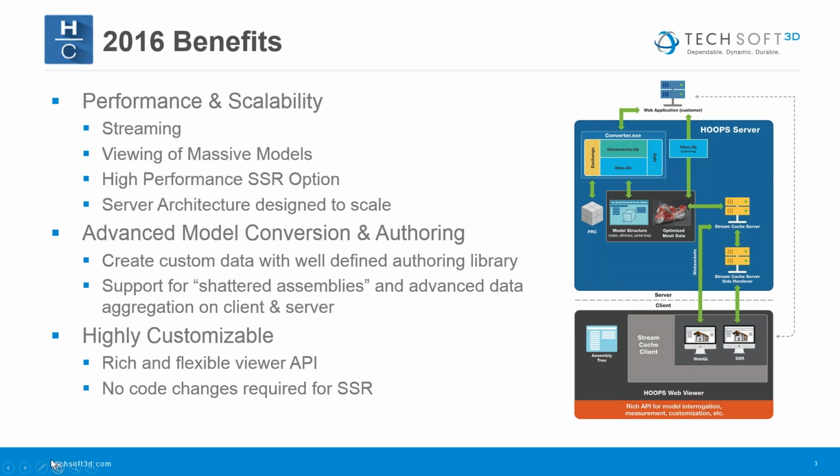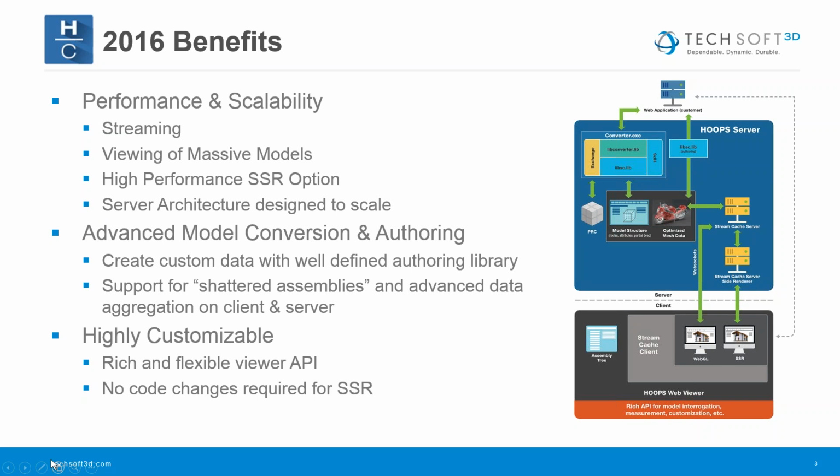So benefits. The reason for upgrading to the new architecture, once again, is there's a lot of reasons for it. It's not just a minor upgrade. It's a complete overhaul and re-architecture and re-envisioning of what Communicator is. One of the key areas of focus for us was performance and scalability.